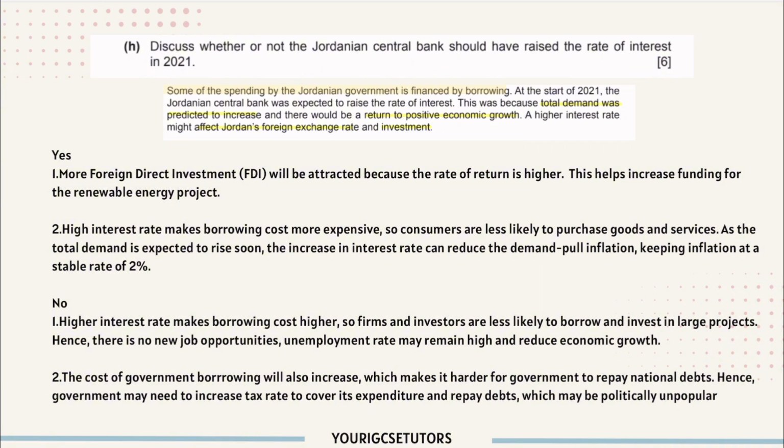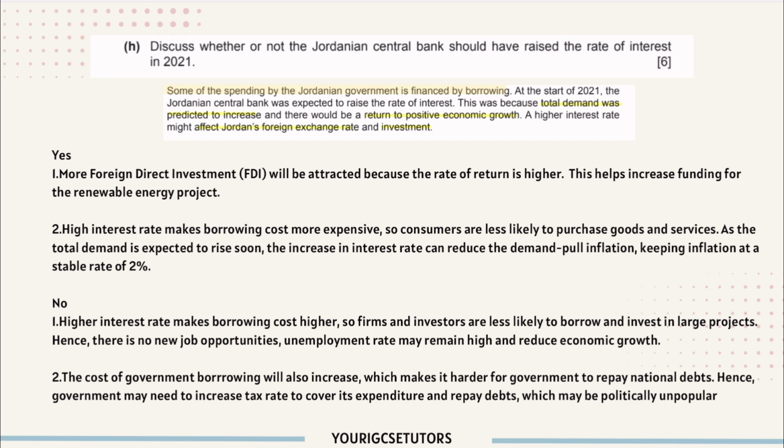Secondly, if the government raises the interest rate, this also means that they need to repay their debt at a higher rate. So this makes the government borrowing costs more expensive. So how are they going to cover the increased part?